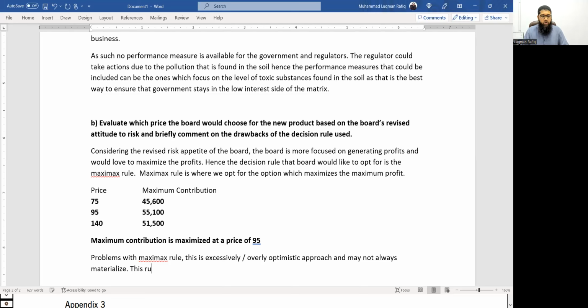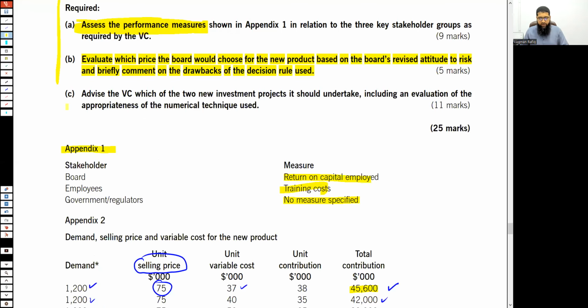The adoption of this approach may lead to significant losses also. So that's what could actually happen with respect to it. Now, let's move a bit forward and talk about the next requirement, which is C.